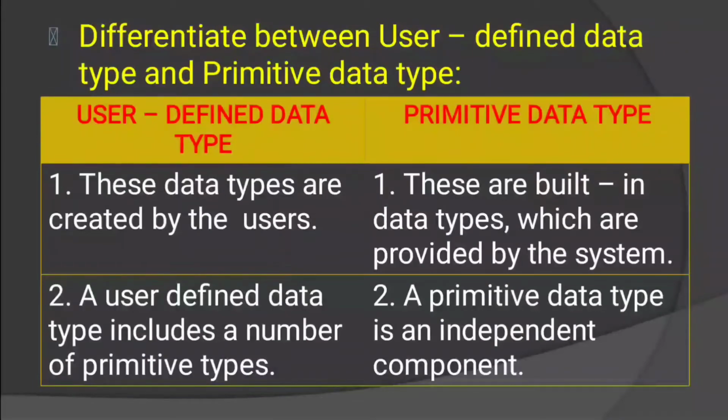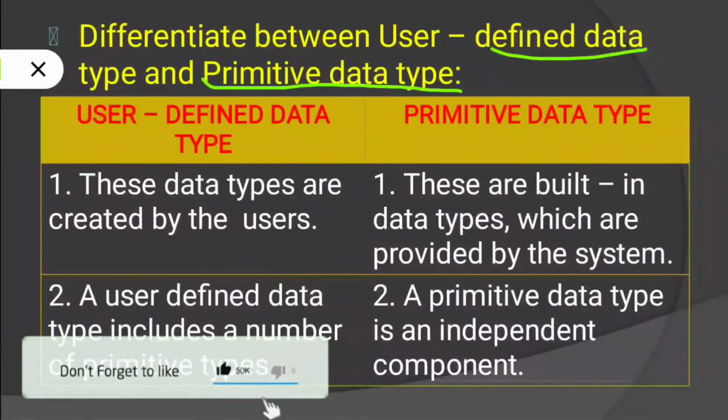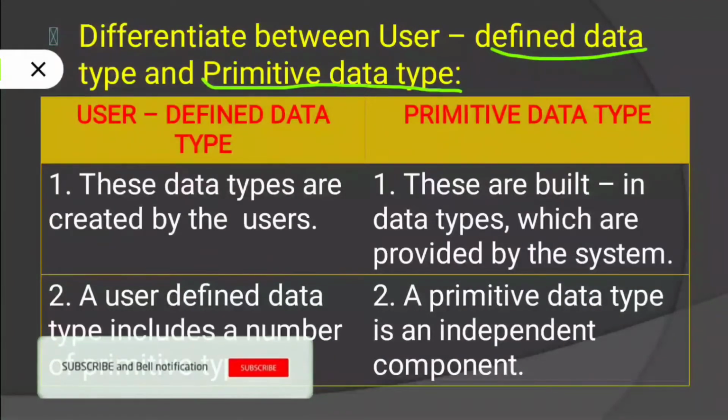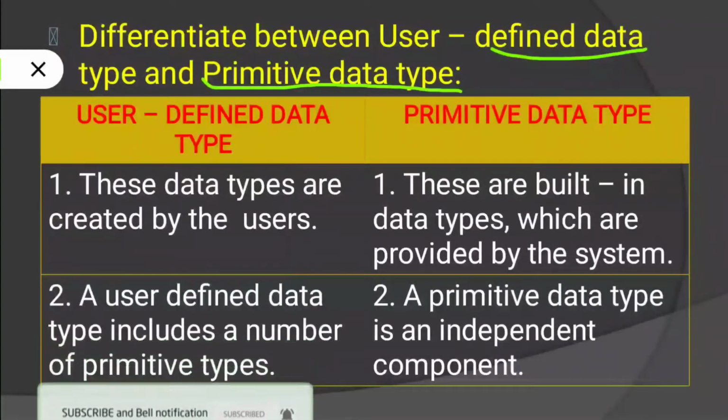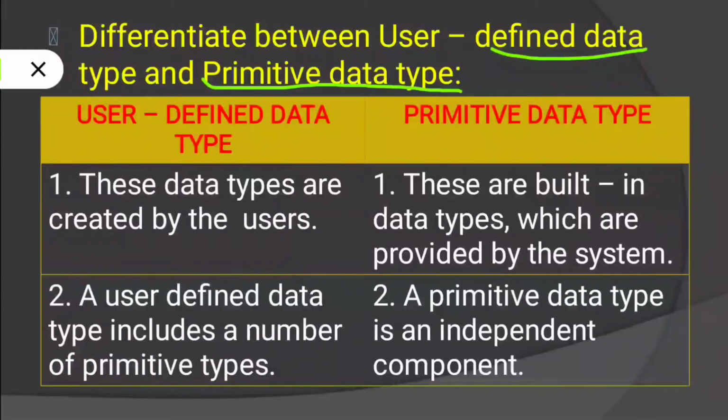Differentiate between user defined data type and primitive data type. See, a user defined data type means a data type which is defined by the user, but a primitive data type is a data type which is already present in our system. First point: these data types are created by the user, but primitive data types are built-in data types provided by the system.